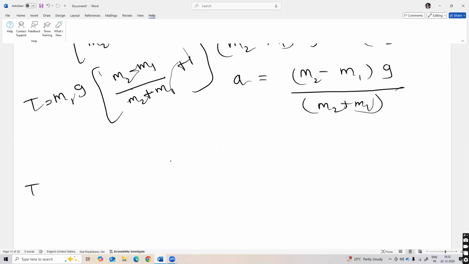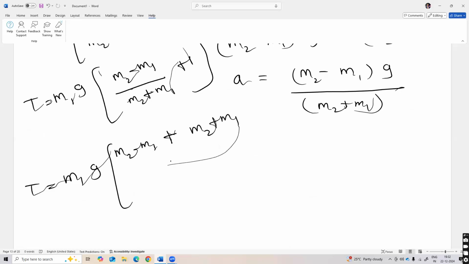So finally we got T is equal to M1G. Now for M2 minus M1, we will make the denominator common, so the whole denominator will be M2 plus M1. So M1 will get cancelled.